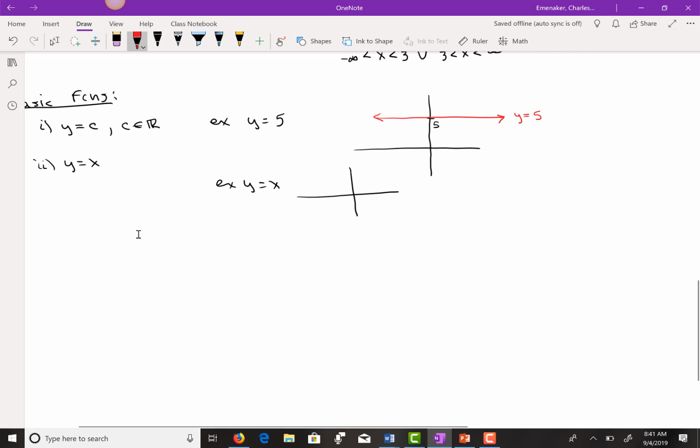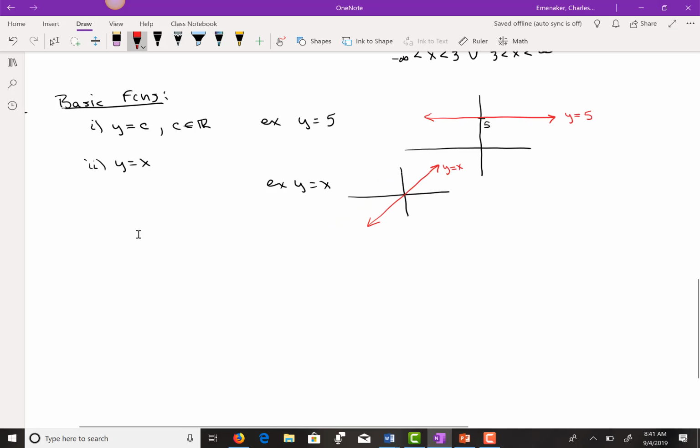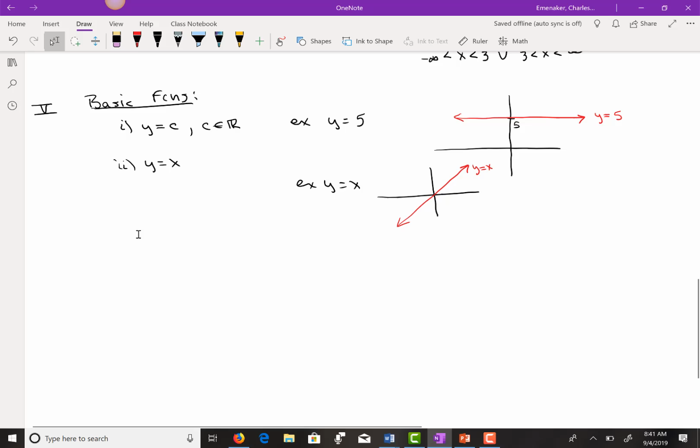So it's going to go up at a 45-degree angle. And there it is. Third one. We've talked about this one a little bit. Y equals x squared. Y equals x squared is going to be a parabola, vertex at 0, 0.